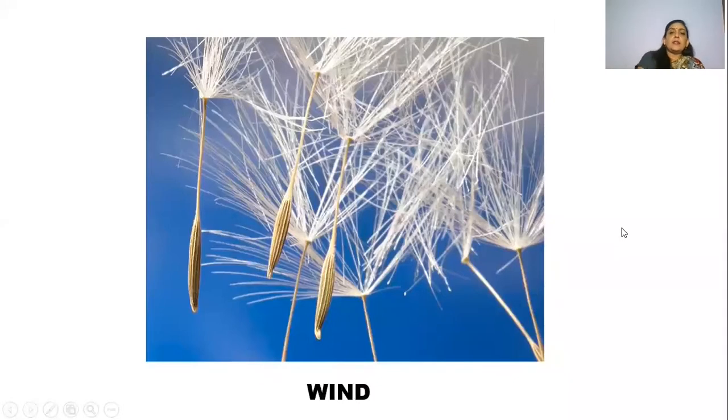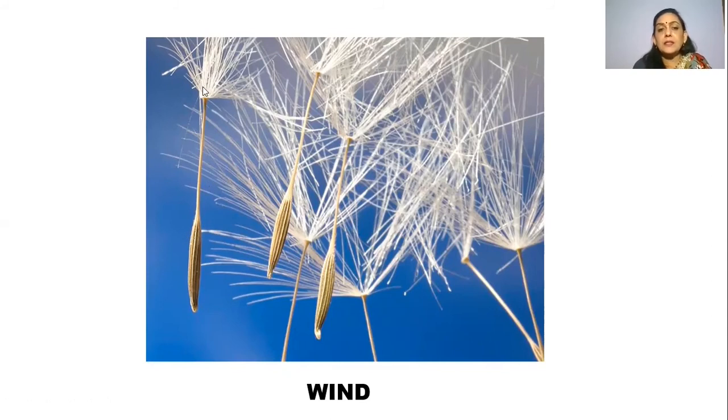So I'll show you a PowerPoint of the different pictures of the seeds. Okay, so this is basically seeds which are dispersed by wind. See, this is the seed, and this is a parachute-like structure.